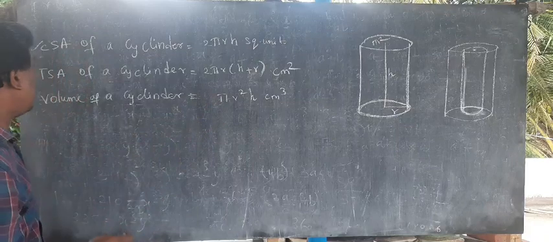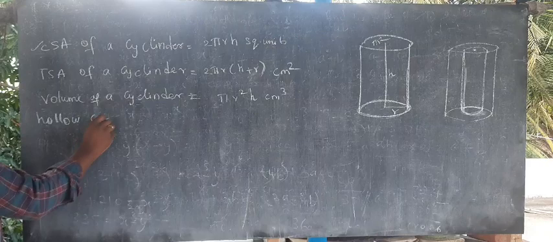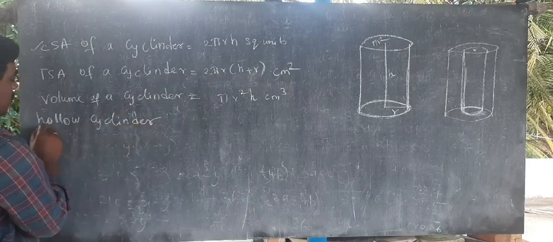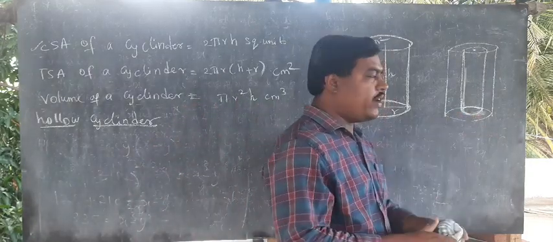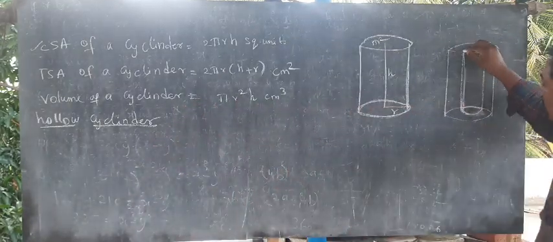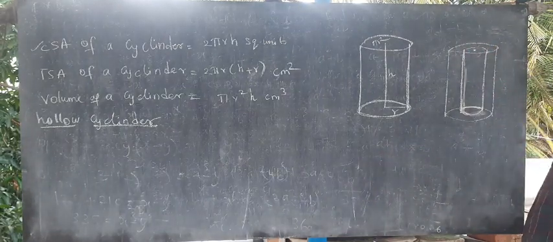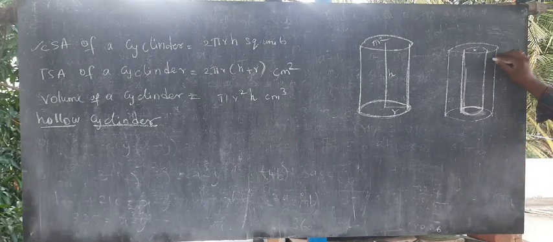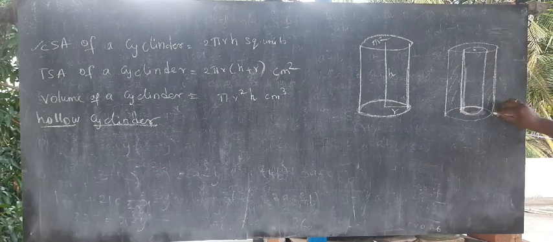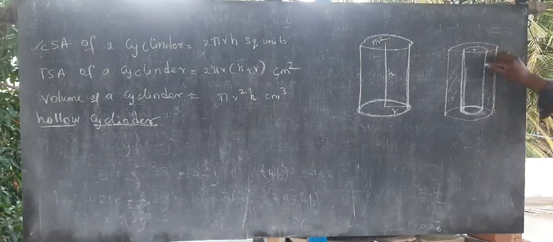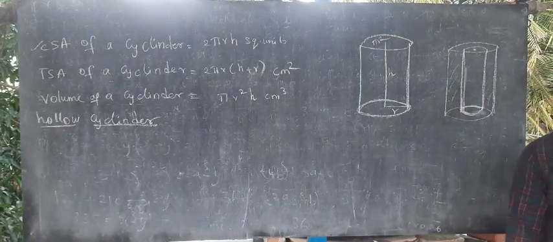And then we have the hollow cylinder. Hollow cylinder means this is a hollow cylinder. So we have one cylinder, and inside it we have another, like a flask. So these are the gaps, in the outer region, but inside we have a small cylinder, like a conical flask, right?